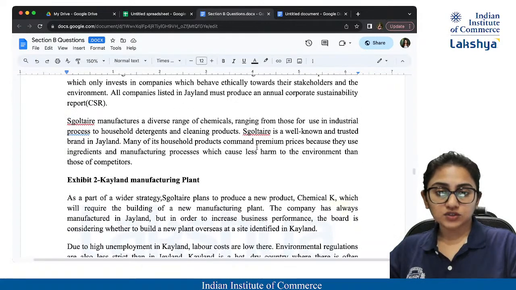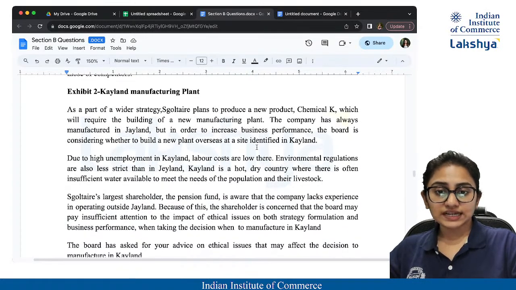Altair manufactures a diverse range of chemicals ranging from those for use in industrial process to household detergents and cleaning products. Altair is a well-known and trusted brand in J-land. Many of its household products command premium prices because they use ingredients and manufacturing process which cause less harm to the environment than those of competitors.